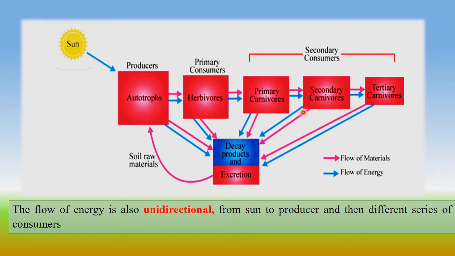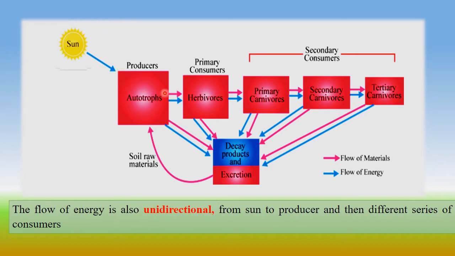When all the organisms at these levels die, there is one more group called decomposers, microorganisms which convert organic matter into simpler inorganic matter, and the cycling of material remains on the move.